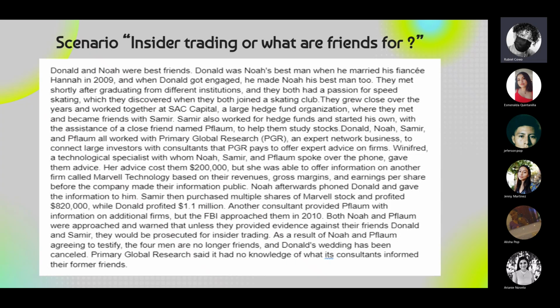And we can say that both were morally accountable since Primary Global Research has the obligation to know the whereabouts or details of the employees' activities and how it might affect them, either positively or negatively. Therefore, this is why insider trading is important to learn, so employees and employers know the situation.